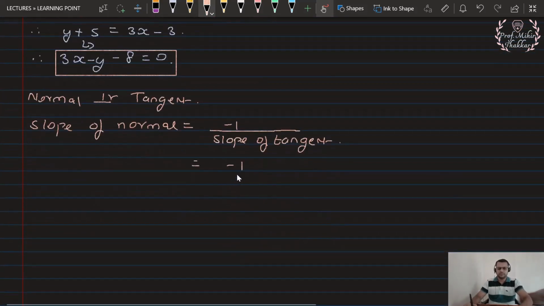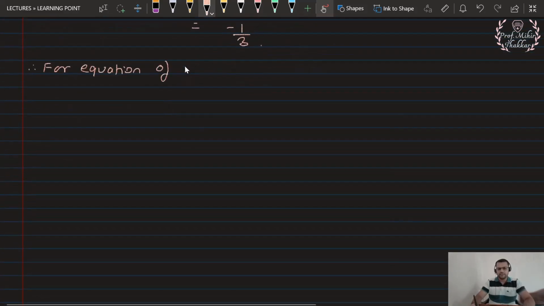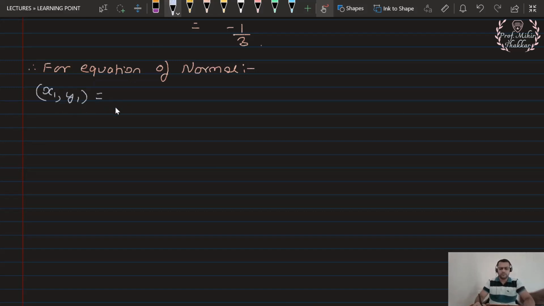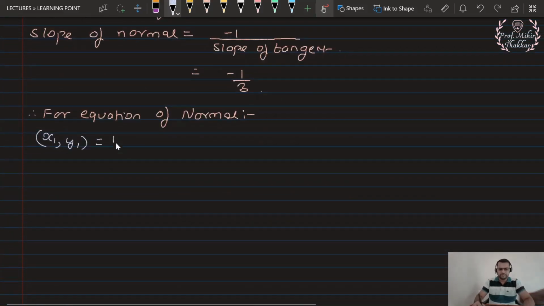So you get this is equal to minus 1 upon 3. Therefore for equation of normal, (x1, y1) is already what we have found it to be, (1, minus 5), and m is equal to minus 1 upon 3.